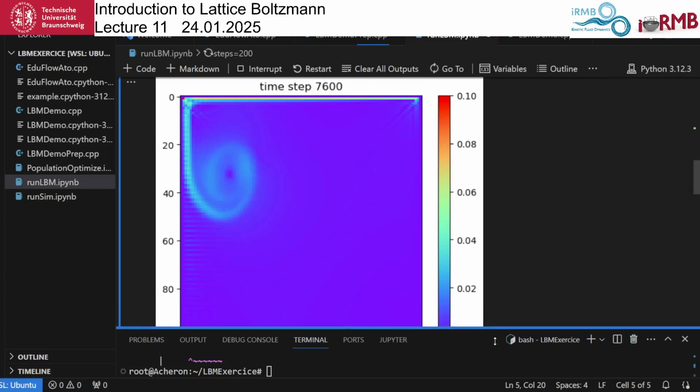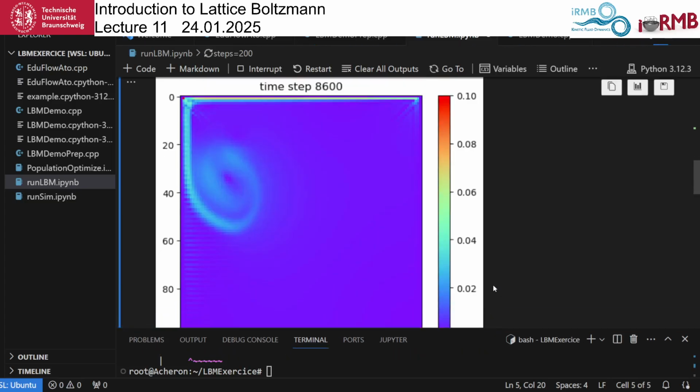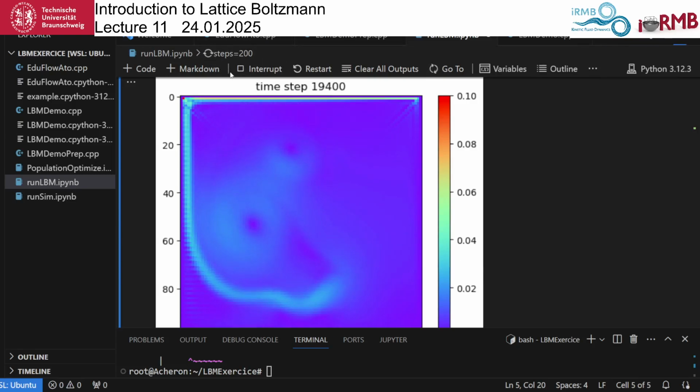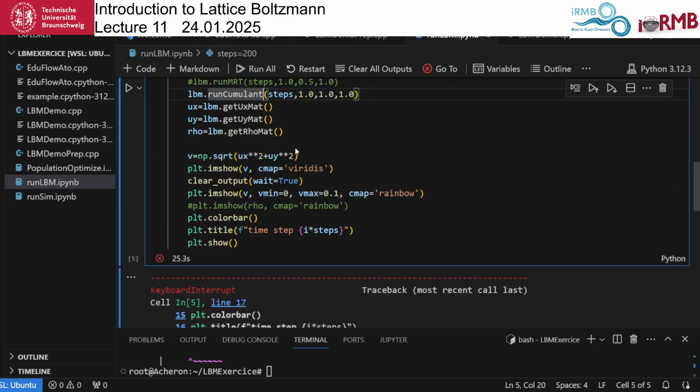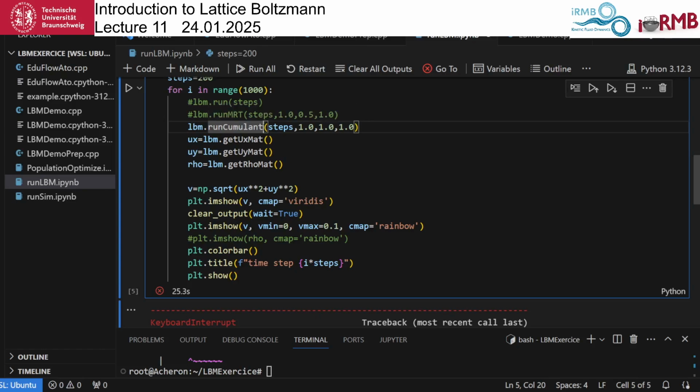The old kernel, yeah, for a few seconds. Okay, so this is the usual cumulant kernel. We are not expecting much difference. It should work the same way, yeah? So let's stop this and replace this by Chimera and see whether it runs.